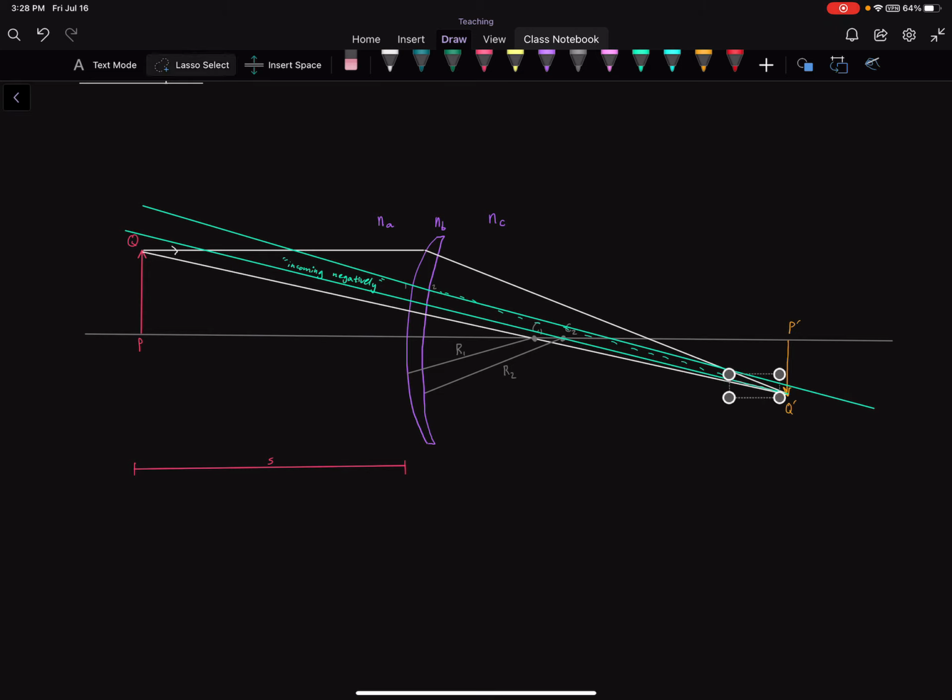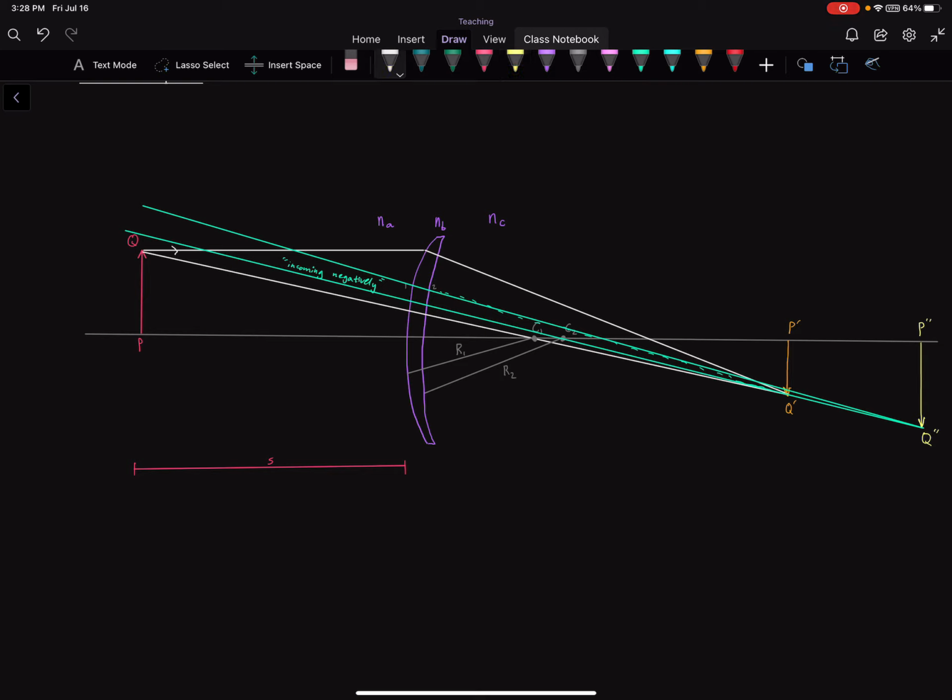And we consider this guy, if it keeps going, let's say it refracts like that. Then it forms another image, which we'll use yellow because that's the final image. Down here, we'll call that Q double prime and P double prime.